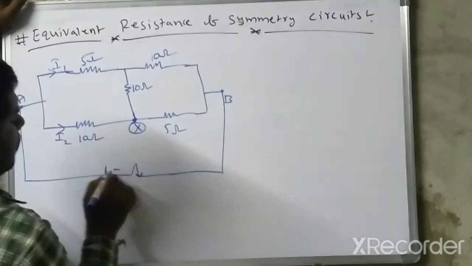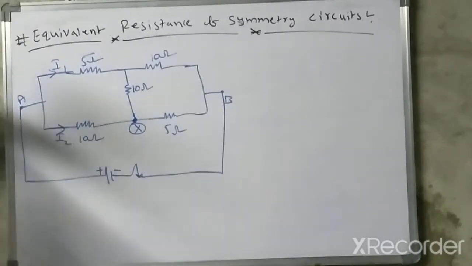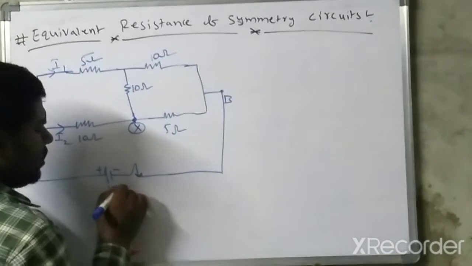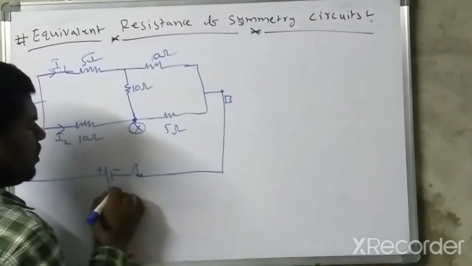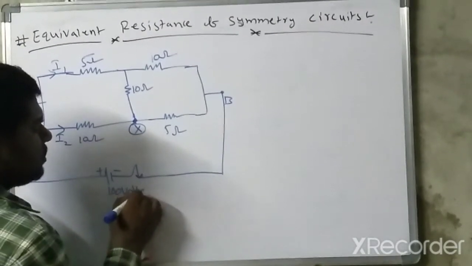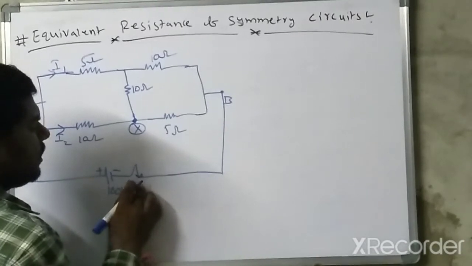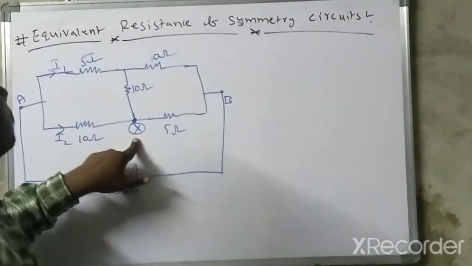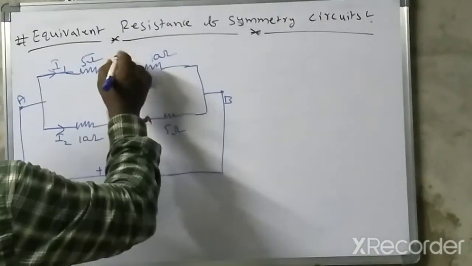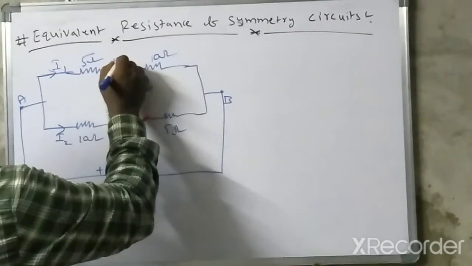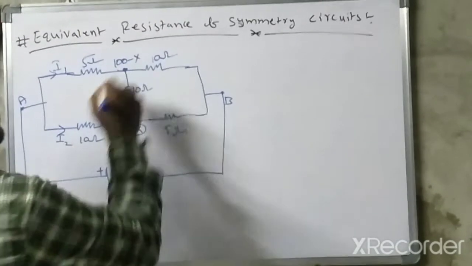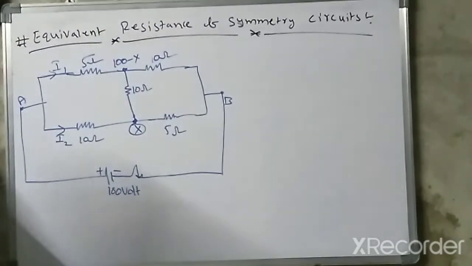Here this battery potential is considered 100 volt. So when one potential is X, the other is 100 minus X.